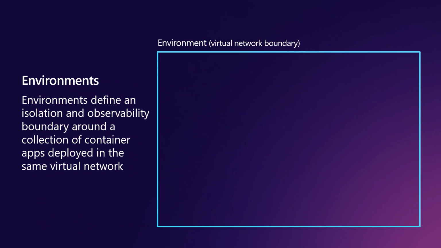All applications that you deploy to an environment share the same virtual network. And you can also configure them to use the same logging and observability as well. So you can see logs and observability metrics for all your apps within an environment in the same place.